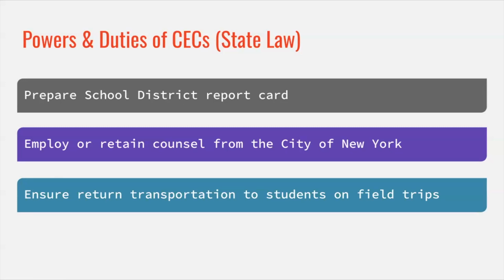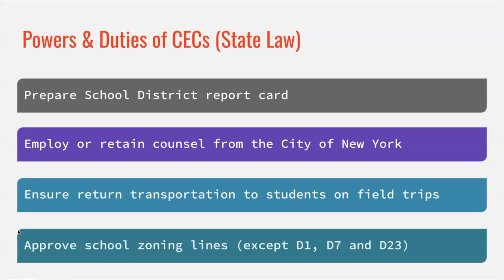There is a central DOE office, the Division of Pupil Transportation, that takes care of student transportation, although there are a lot of issues associated with it. I have never known any CECs having to be responsible for pupil transportation for field trips and extracurricular activities for students, but it's still in the law.